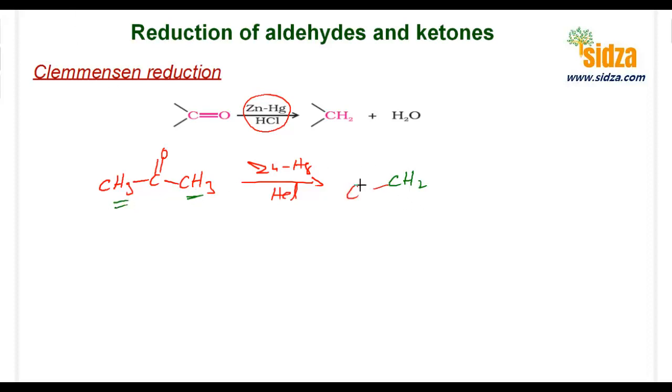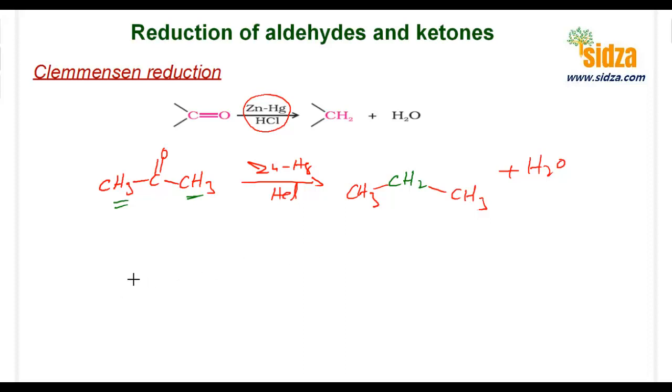So you get CH3 here, and another CH3. That means you get propane from this acetone molecule with the loss of water, and this is called a Clemmensen reduction, right? This reduction involves the conversion of an aldehyde or a ketone into alkanes using zinc mercury amalgam.